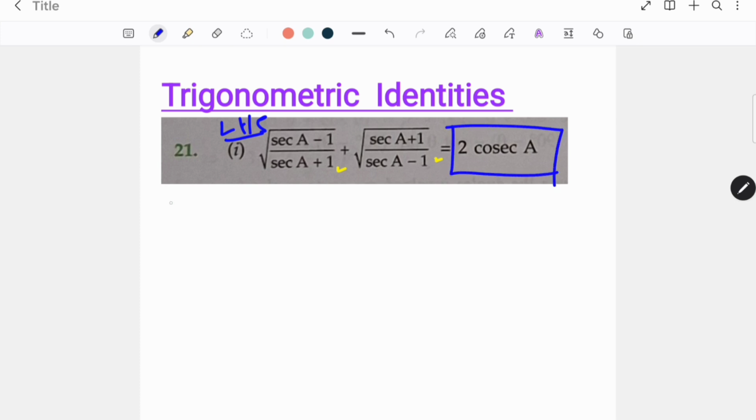So the first step, we'll split this root over the numerator and denominator separately. So up we are writing sec A minus 1, and down we are writing root over, because the total thing is given under the root, so we can separate it. Here also we are separating it.